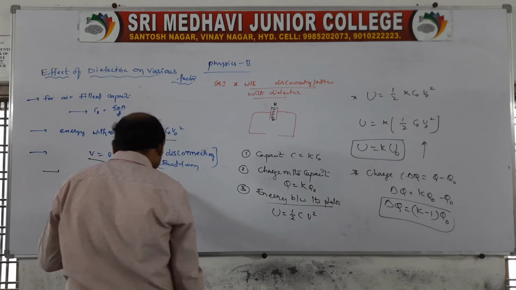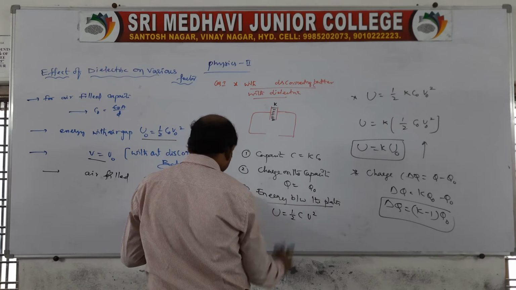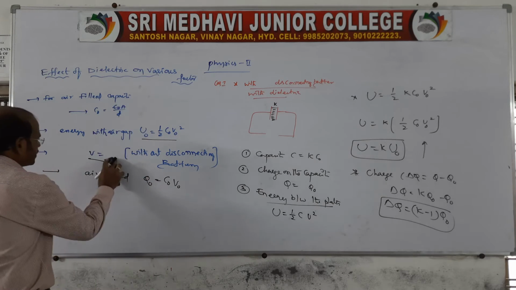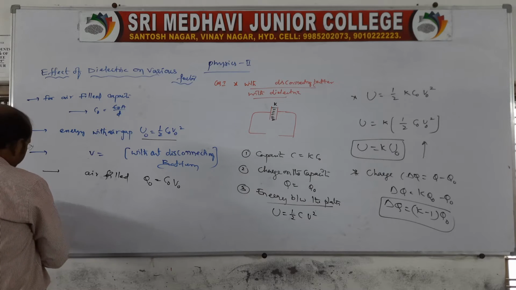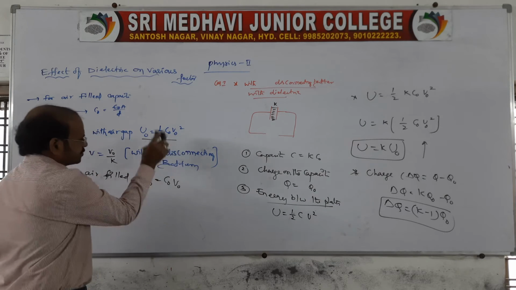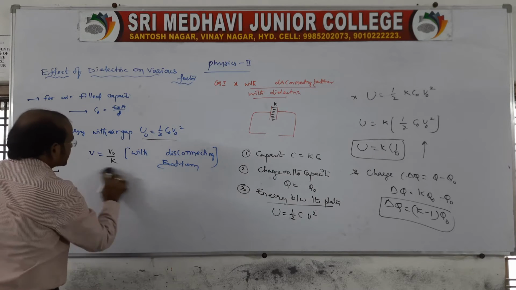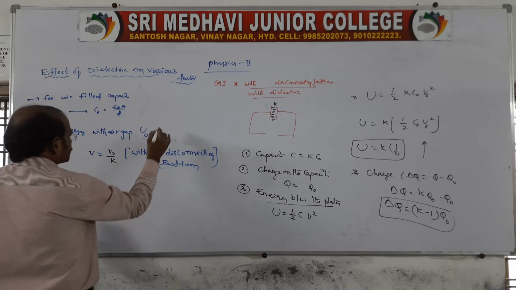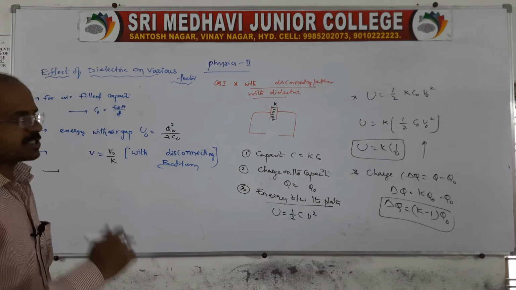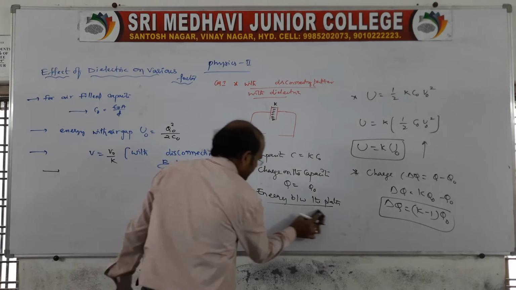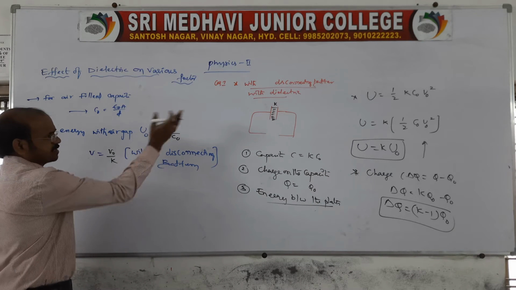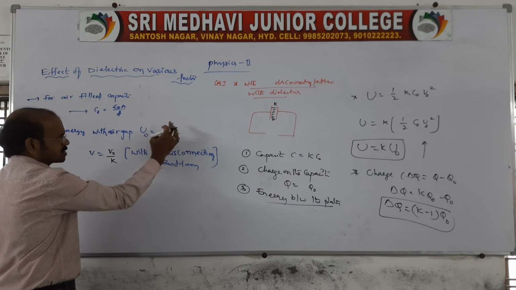Coming to the remaining quantities, the charge stays q equal to q naught, the capacitance is c equal to k c naught, and the potential is v equal to v naught by k, because the battery is disconnected. The energy is q naught square by 2c naught.